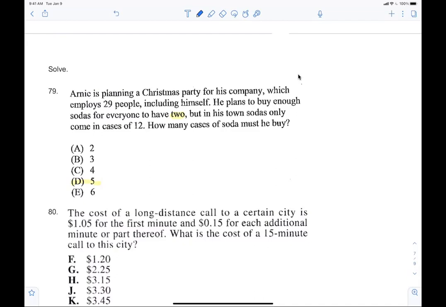Nope. I said, if each person is having 2 sodas, how many sodas do they need? Oh, sorry. Let me see, then I need 58. Yes, they need 58. You with me? Yes, so I think you said 12.